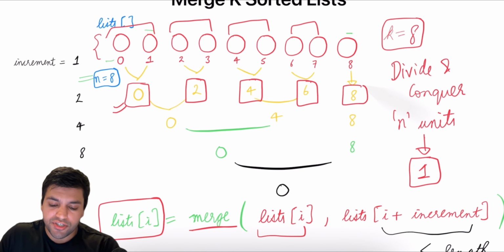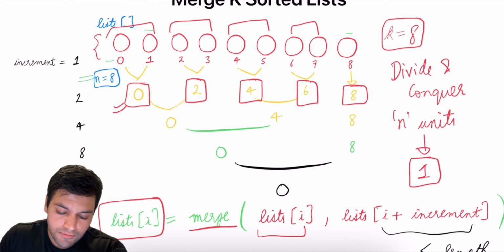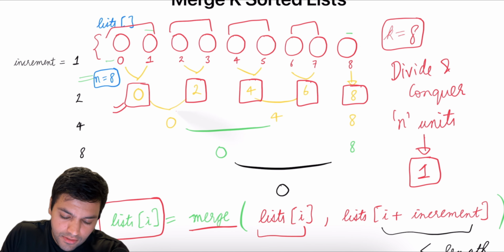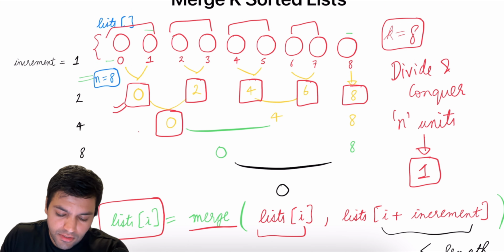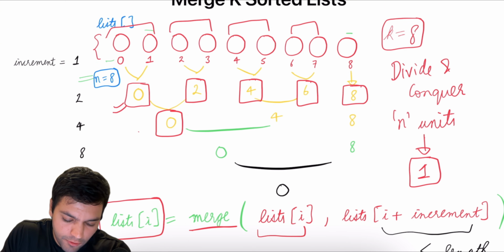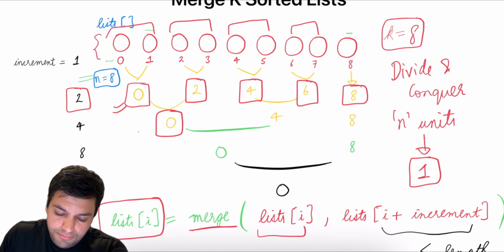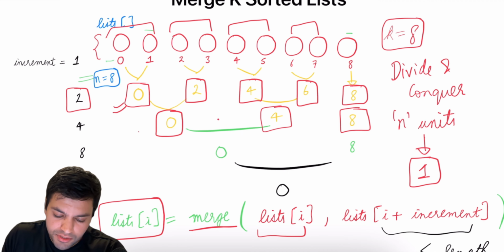In my next iteration, I have to merge the linked list at index 0 and index 2, and then combine them into a bigger linked list starting from index 0. Here, as you can see, the difference between the indexes is now equal to 2. If we go ahead, now the difference will become 4. Now I'm going to merge the linked list starting at index 0 and the linked list starting at index 4.